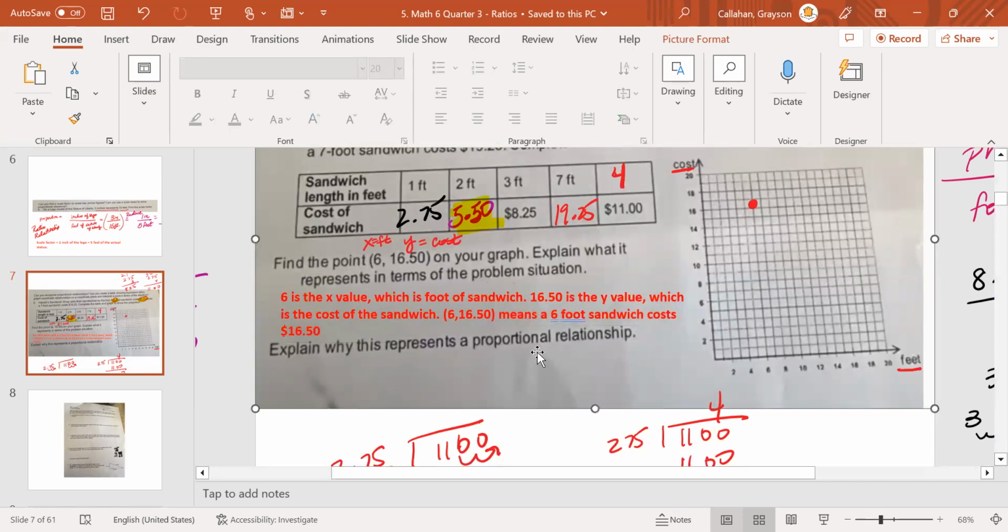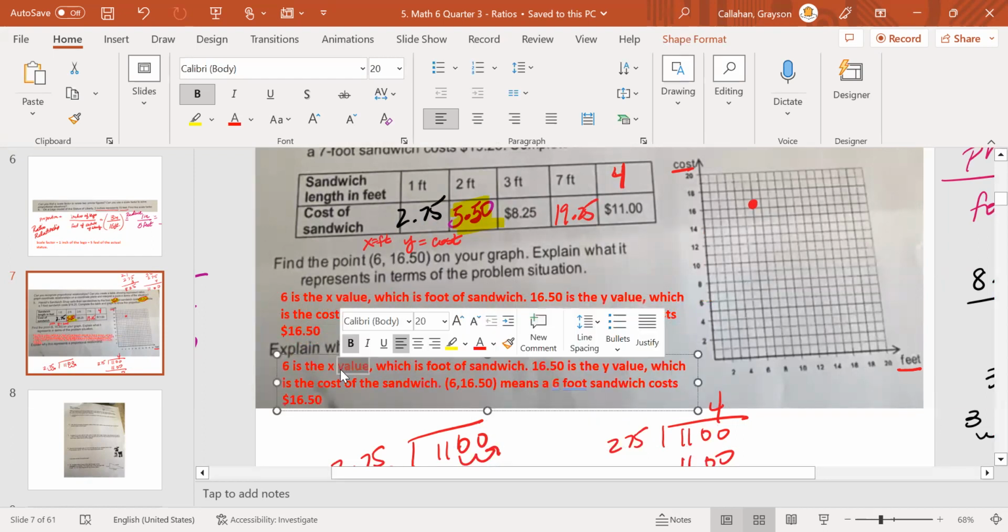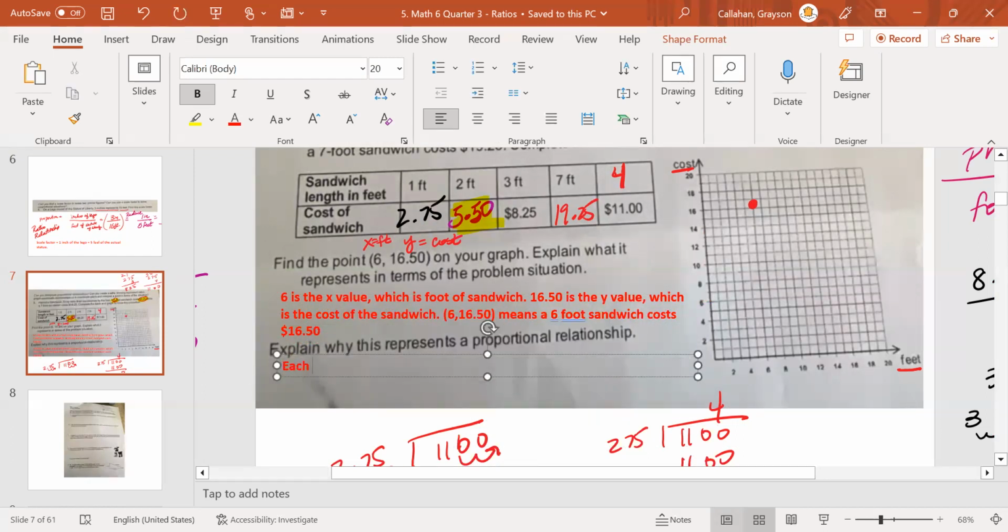Explain why this represents a proportional relationship. Each foot of sandwich costs an additional $2.75.